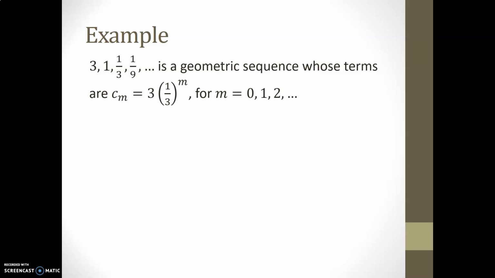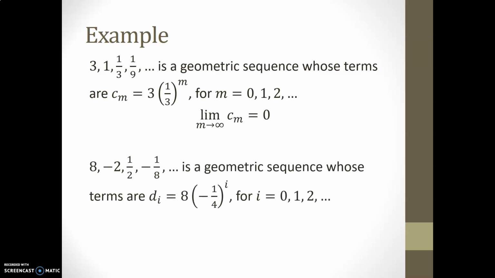The subscript m just refers to the position of this term in the sequence. 3 plays the role of the A0, or the C0 in this case. 1/3 would be the r, and m is replaced by 0, 1, 2, 3, and so forth. In this case, the terms of the sequence actually go to 0, and you can tell by the fact that the sizes are shrinking. Every term is 1/3 of what it used to be.